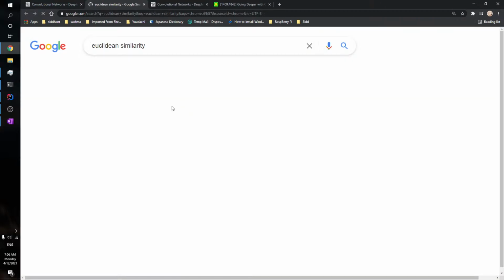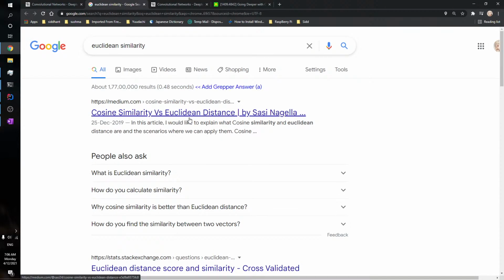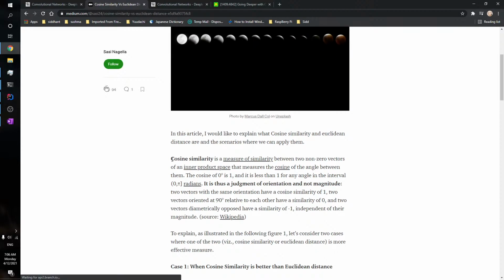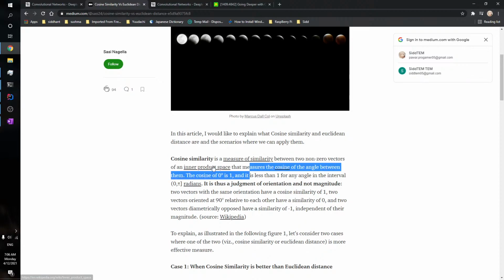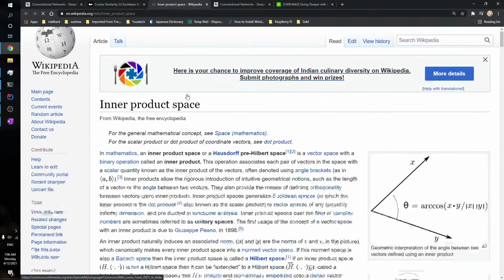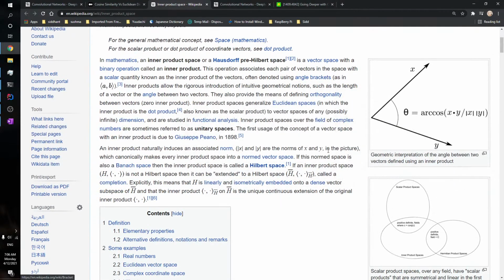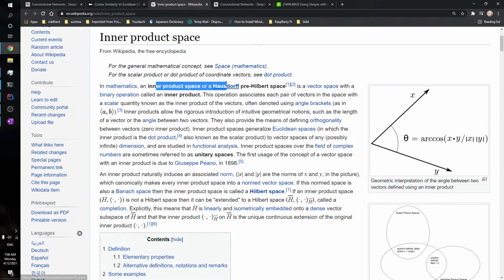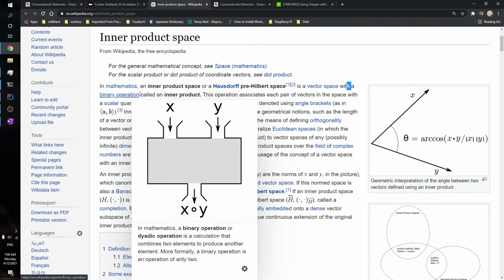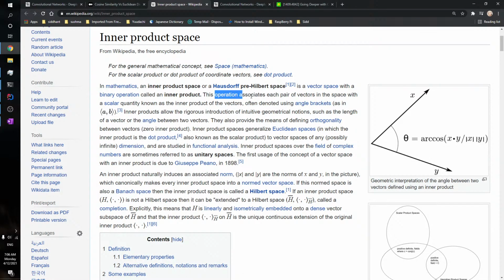There's so many new terms, I swear to God. Velocity and distance. Measure similarity between two non-zero vectors of an inner product. What's an inner product space? Hausdorff pre-Hilbert space, the vector space with a binary operation called an inner product.